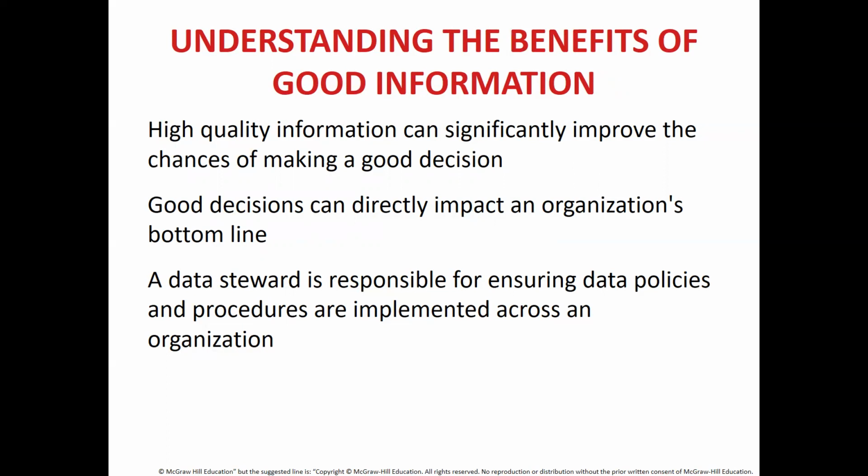High quality information can significantly improve the chance of making a good decision. Good decisions can directly impact an organization's bottom line. When we say bottom line, these are the final total of an account or balance sheet. That means a direct impact on the organization's bottom line is a direct impact on the profit and the loss.